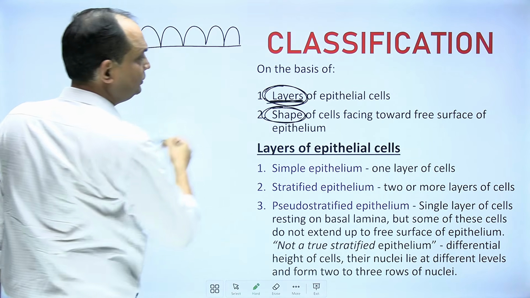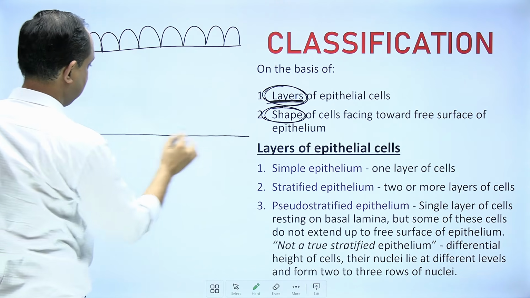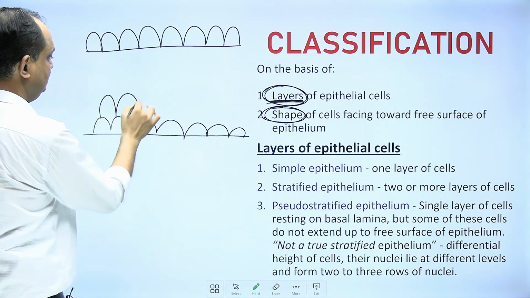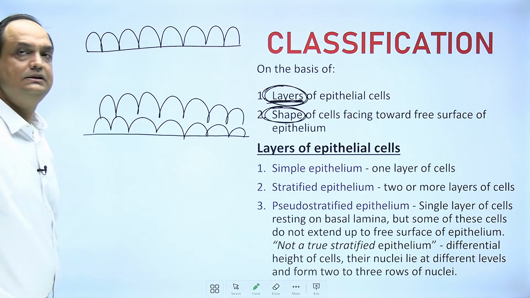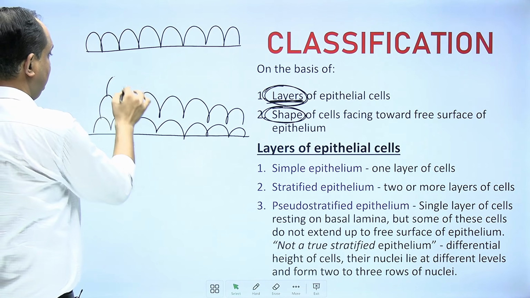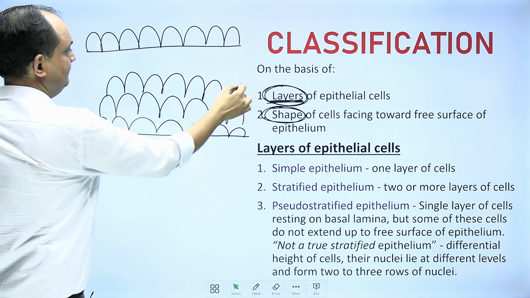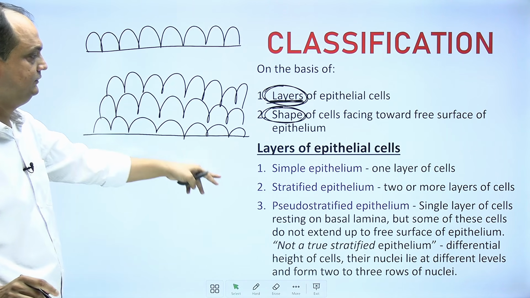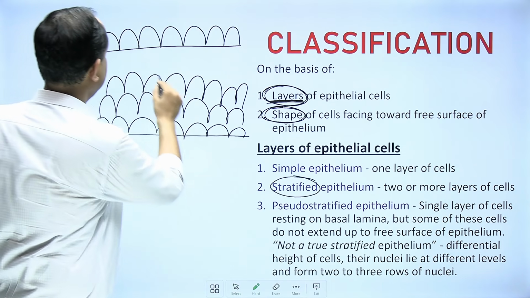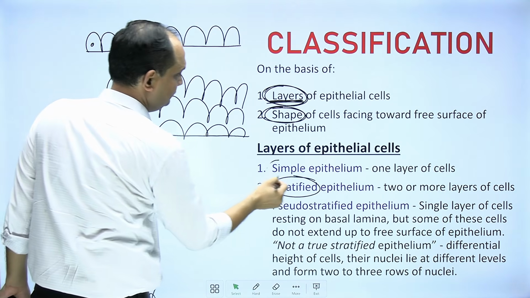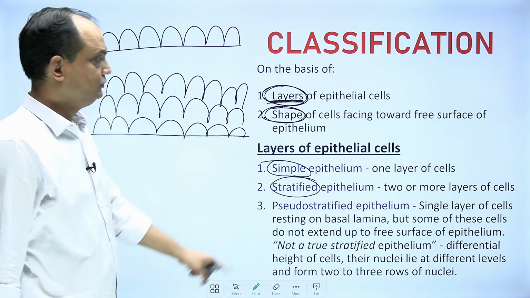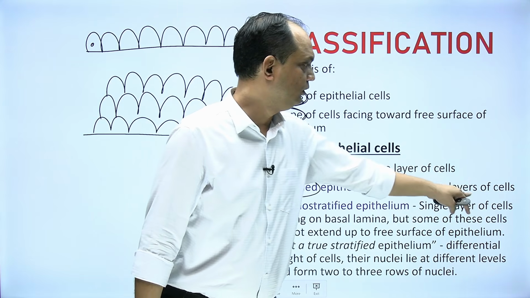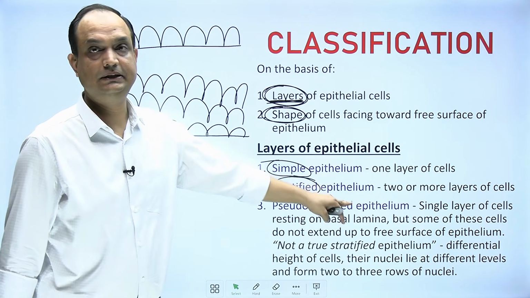If the layer is more than one, meaning there is one cell layer and one more cell layer, then it is known as stratified. It can be 2, 3, 4, 5, but there has to be a minimum of 2 layers. If it is a single layer, then it is known as simple epithelium. So one layer of cells is simple epithelium; two or more layers of cells is stratified epithelium.